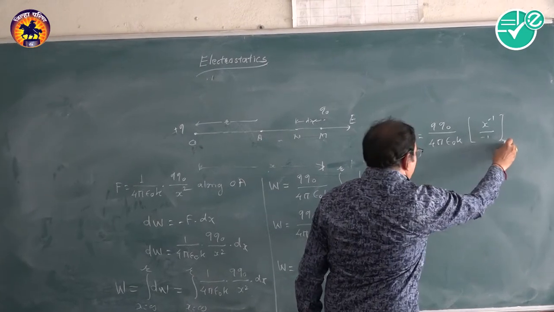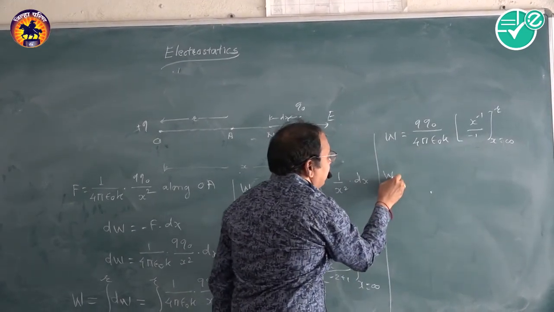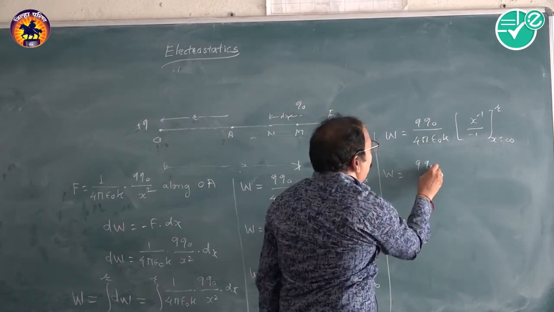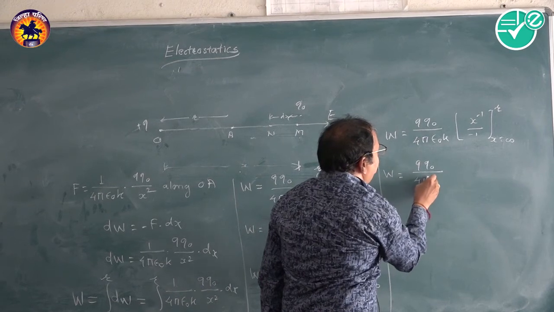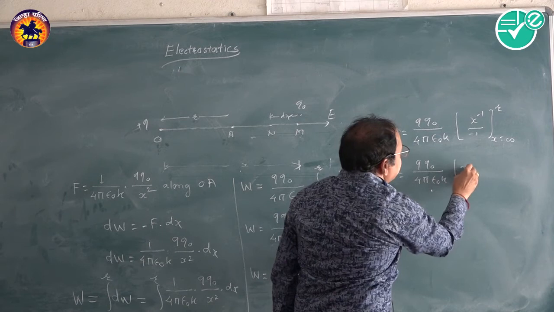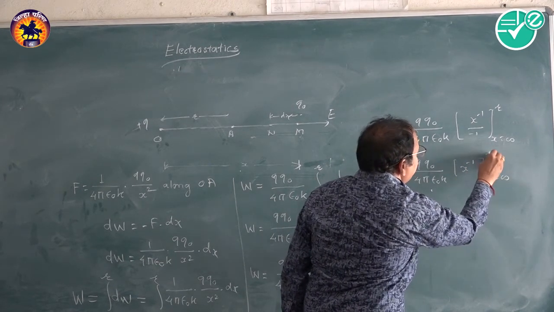So W equals q naught upon 4 pi epsilon 0 k into x raised to minus 1 from infinity to R.